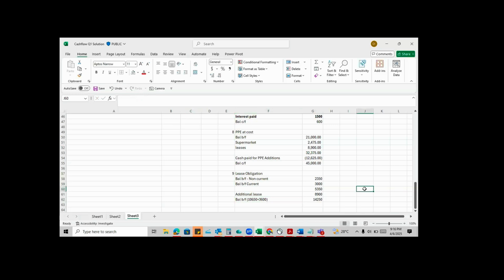So if you have 10,650 non-current, and then you had current of 3,600, you have 14,250. Is it clear? Okay, good. Now let's move on.